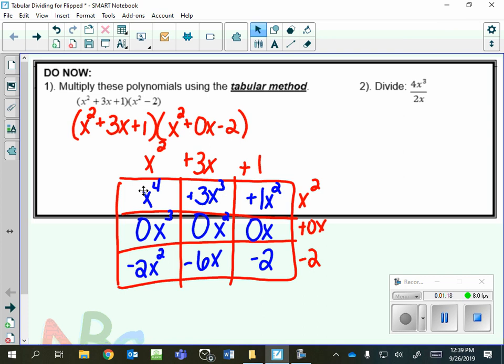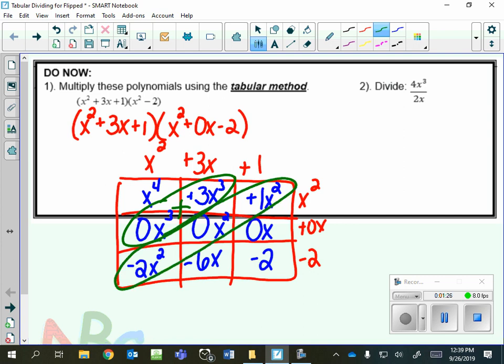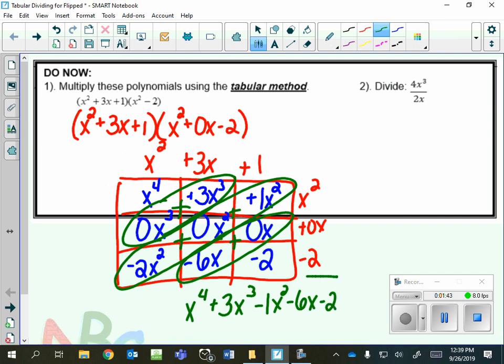Remember, the reason we use the placeholder is because then on the diagonal, when I'm adding, my like terms line up. So this diagonal is x squared terms, and my last diagonal is linear or x terms. So my final answer should be x to the fourth plus 3x cubed minus 1x squared minus 6x minus 2.